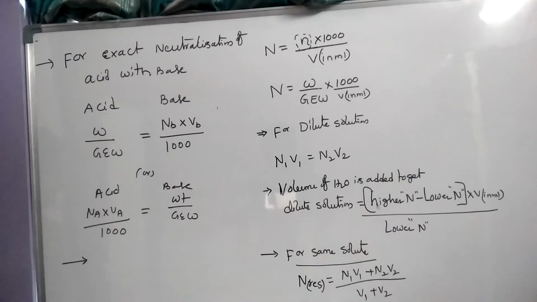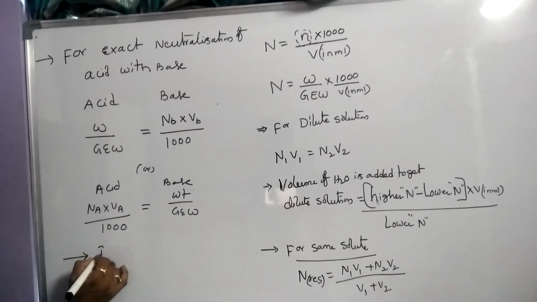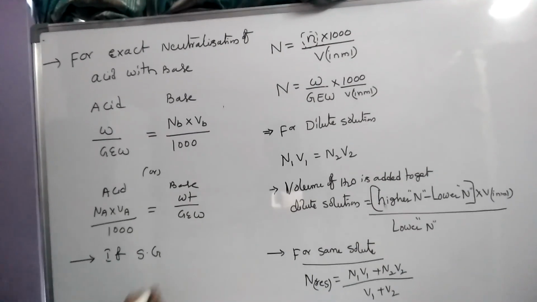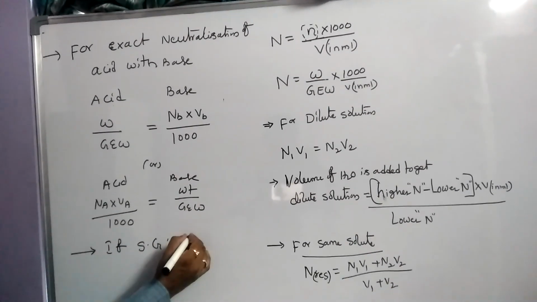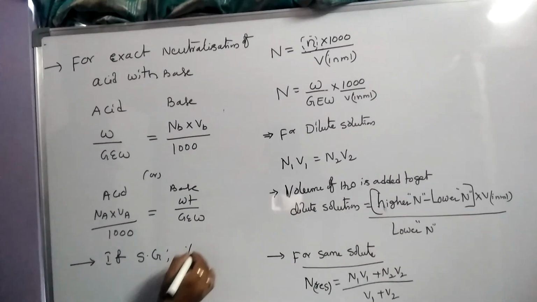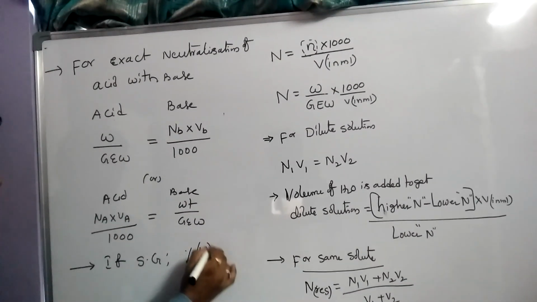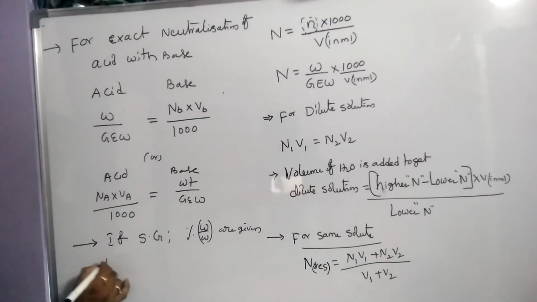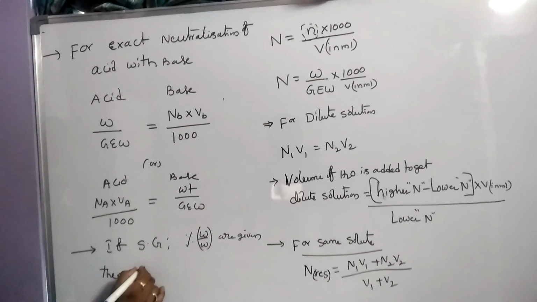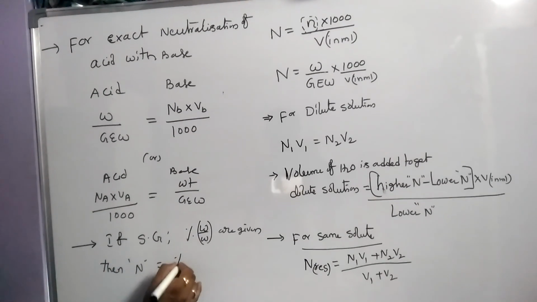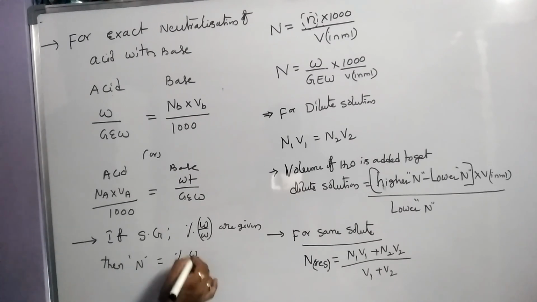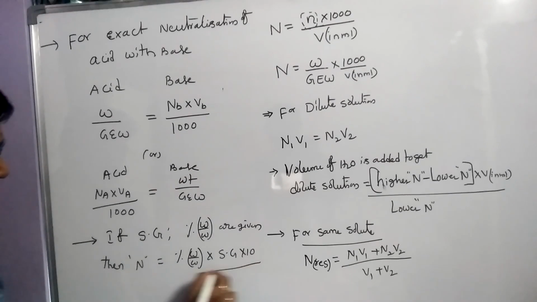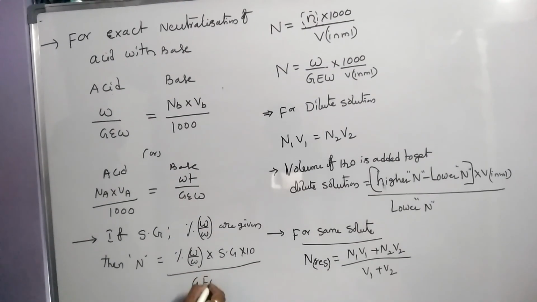After that, if specific gravity and percentage, that is weight by weight, are given, then normality is equal to percentage, that is weight by weight, into specific gravity into 10 by gram equivalent weight.